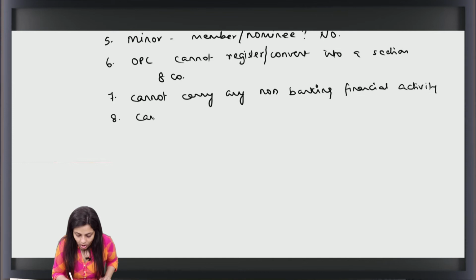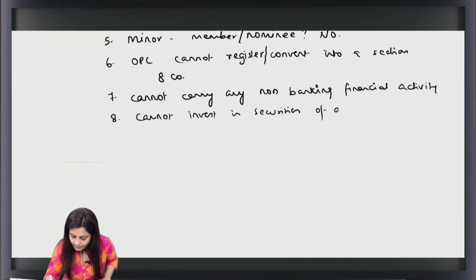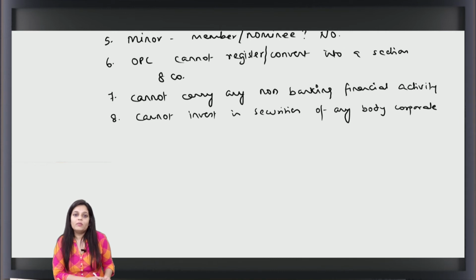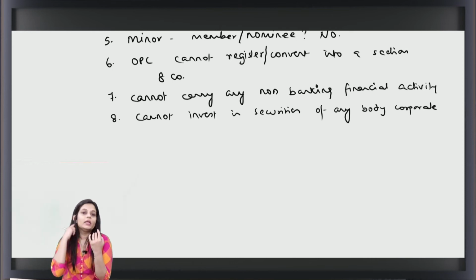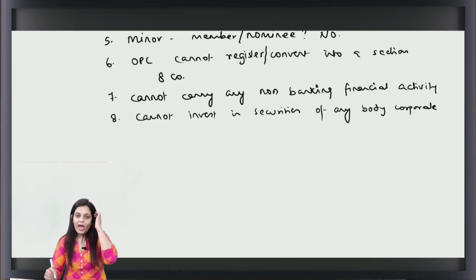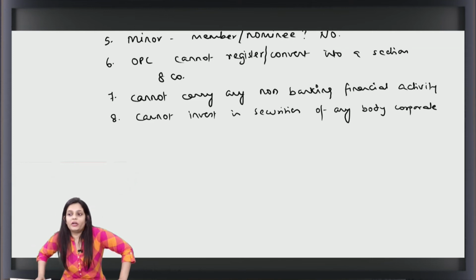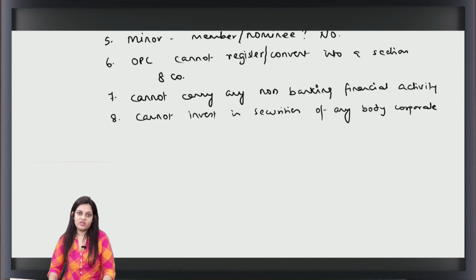Then it cannot invest in the securities of any body corporate, which means it cannot purchase shares of any body corporate. So it cannot be registered or converted into a Section 8 company. It cannot carry on non-banking financial activities. And the last one, it cannot invest in the securities of any body corporate. I guess it's clear to everyone.